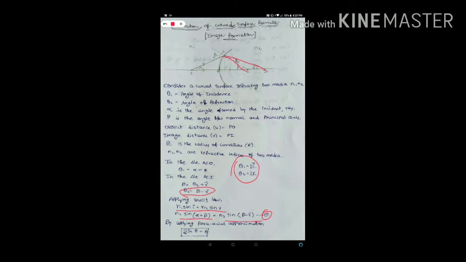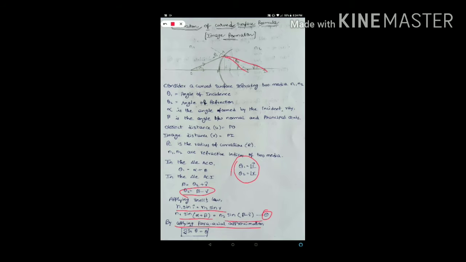Now by using the paraxial approximation, what is meant by this approximation, guys? Paraxial approximation means that in the case of light rays, the angles and distances are very small, and they are negligible values. So we take sin theta equal to theta. Therefore sin(alpha plus beta) is equal to alpha plus beta, and sin(beta minus gamma) is equal to beta minus gamma.